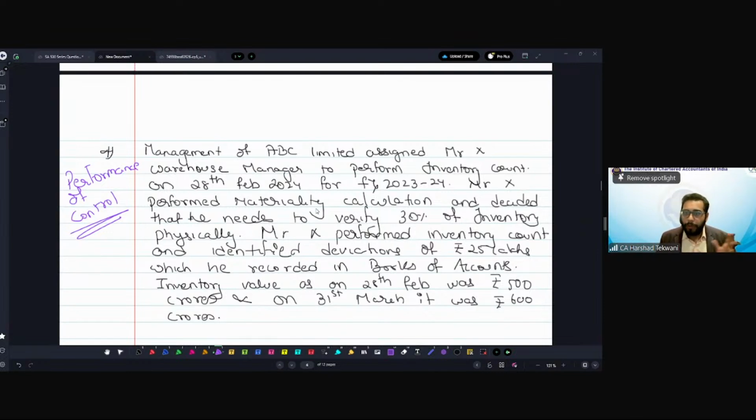What is your response on this one? What do you think? Let's say you attended this physical count of 28th February and you also are agreeing with the deviation of 25 lakh rupees. Anyone?